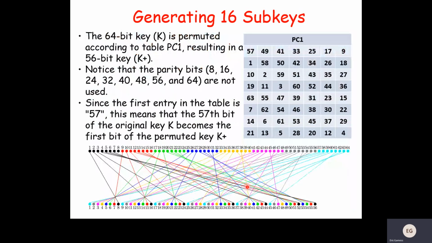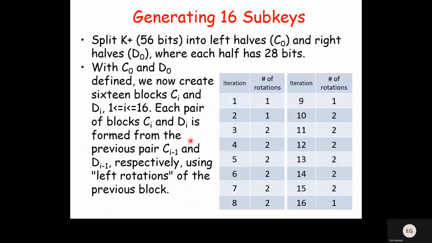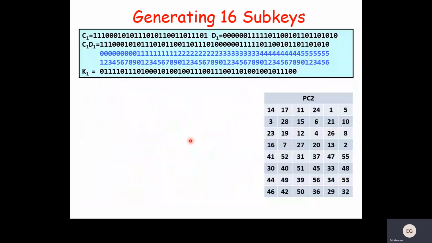If I come back to the first slide, you have an input that is 56 bits, you apply PC2 and the output is 48 bits. So we will get K1, then you will get K2 up to K16, the 16 subkeys that you need to apply the data encryption algorithm. So I already explained how we generate the keys.